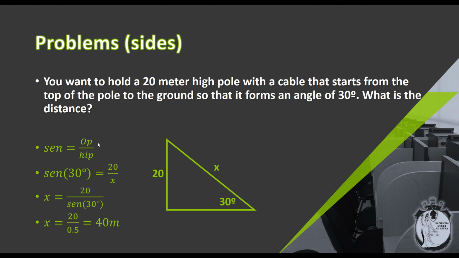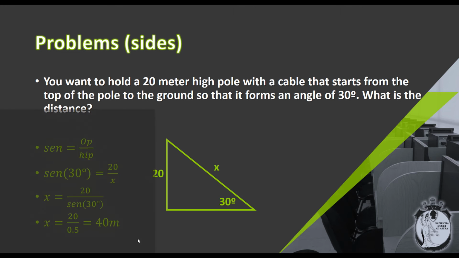Opposite side divided by the hypotenuse. So you need to write sine of 30 equals the opposite. What is the opposite? 20, divided by the hypotenuse. You don't know the length of the hypotenuse.